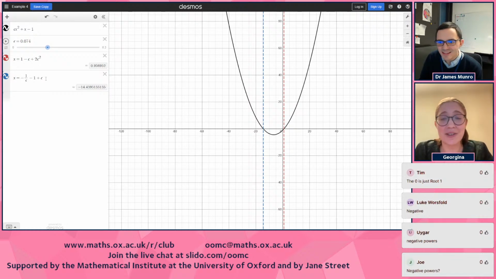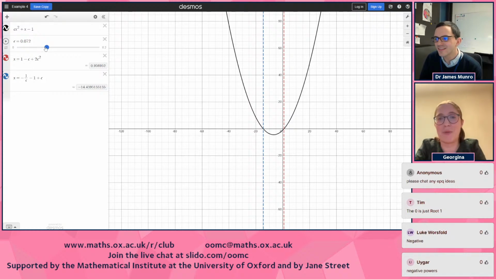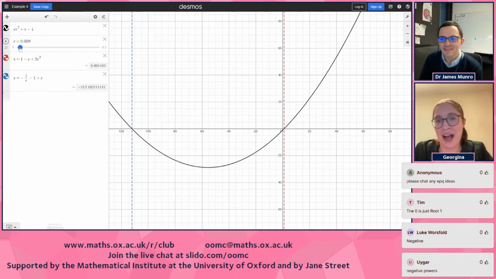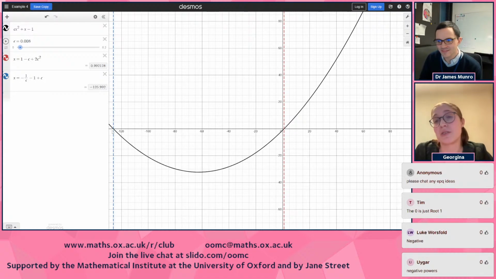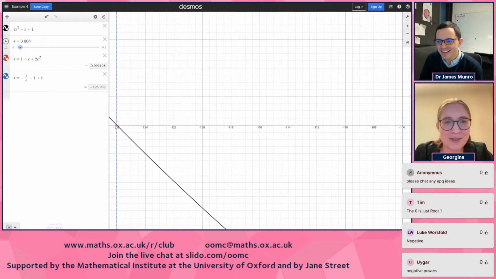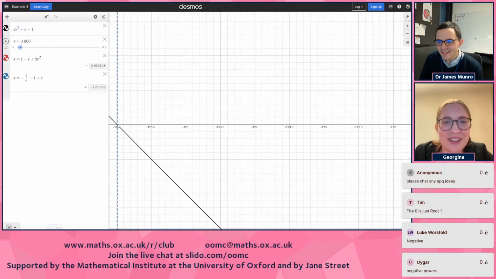Hopefully you can believe that these roots are aligning pretty well with where this quadratic is crossing the x-axis. And as we make epsilon smaller, they become an even better agreement in theory. You can do a little test, zoom in and tell us how good it actually is.